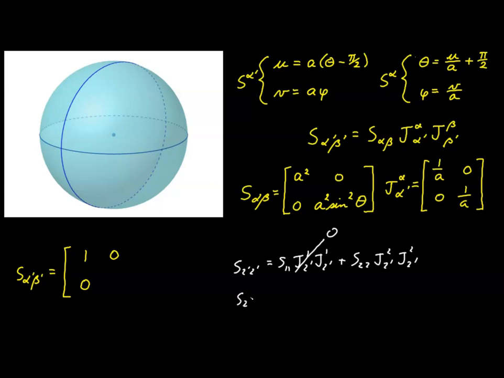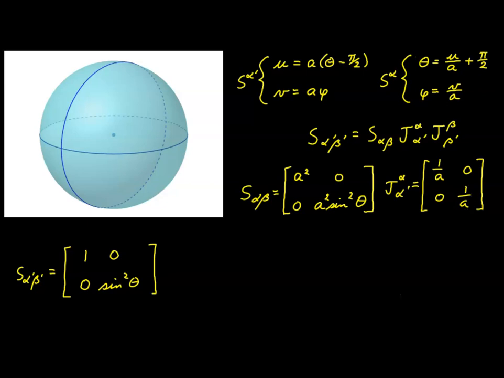Therefore, S2' 2' is equal to this element, which is a squared sine squared theta, times J2 2' squared, that's this guy up here squared, 1 over a squared is just equal to sine squared theta. And that gives us the result for this term right down here. All right, that then is our metric tensor expressed for S alpha' beta'.